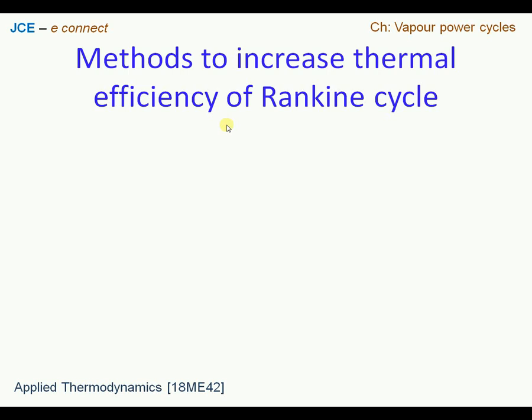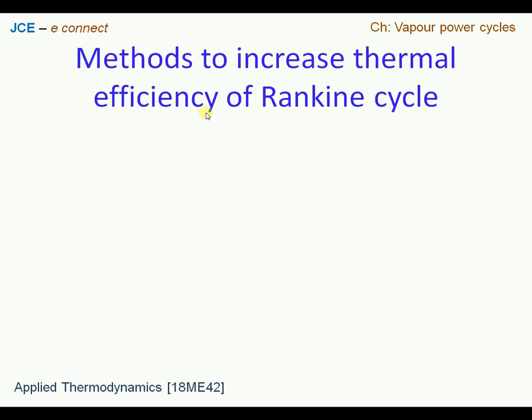So the focus is either to increase the average temperature of heat addition at the boiler end, or decrease the temperature at which heat is rejected at the condenser. This is the basic bottom line around which improvement of thermal efficiency is possible. With this in focus, we have identified three methods.